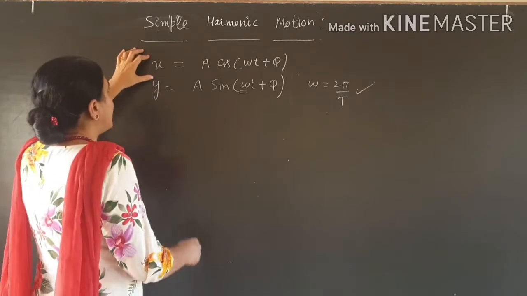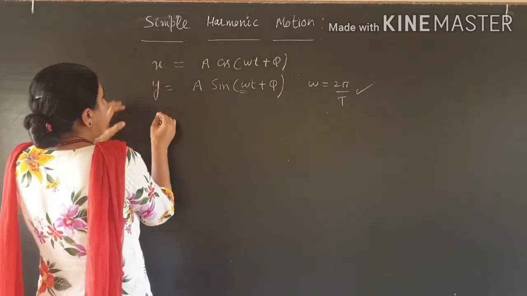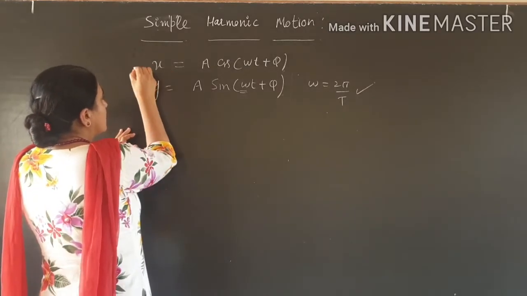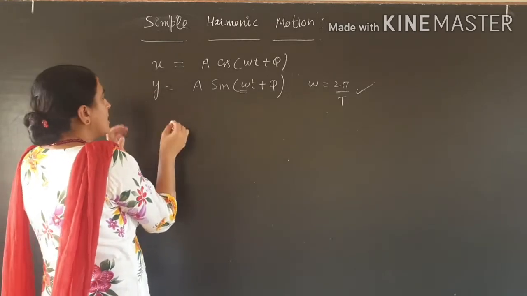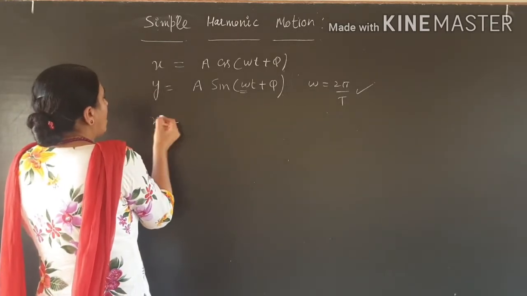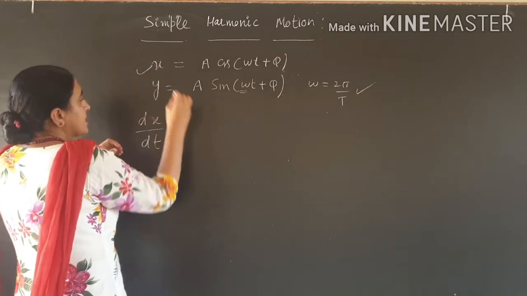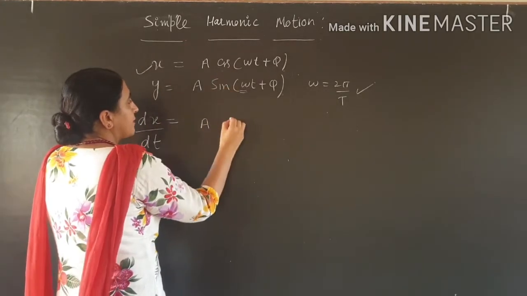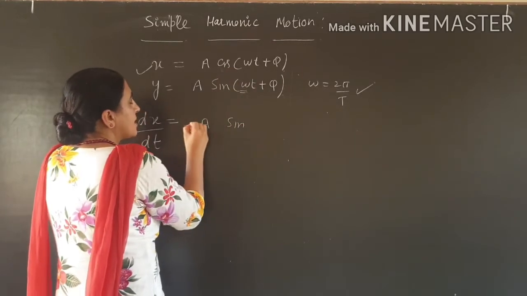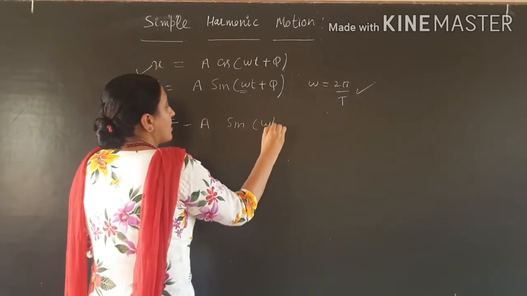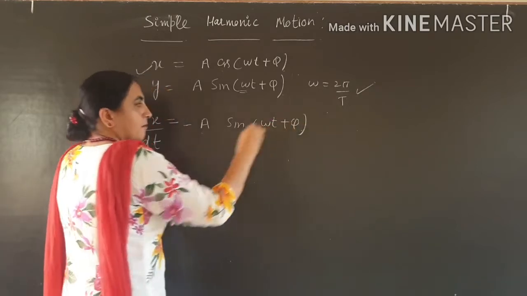So differentiating x with respect to t, dx/dt is equal to a, derivative of cos is minus sine, so minus a sine of omega t plus phi.